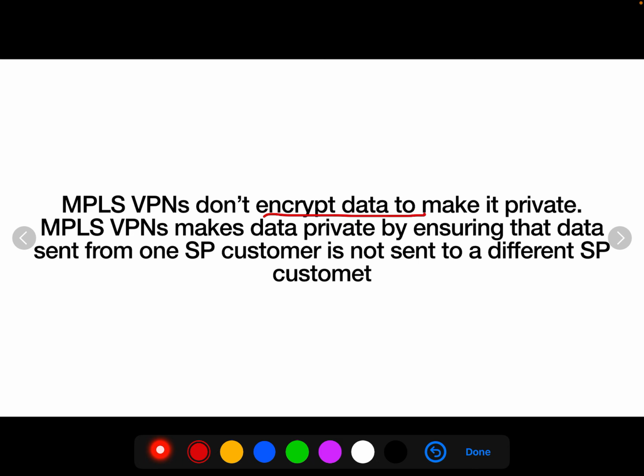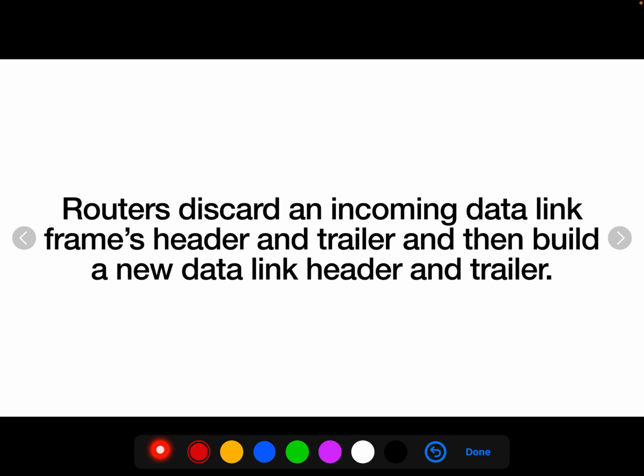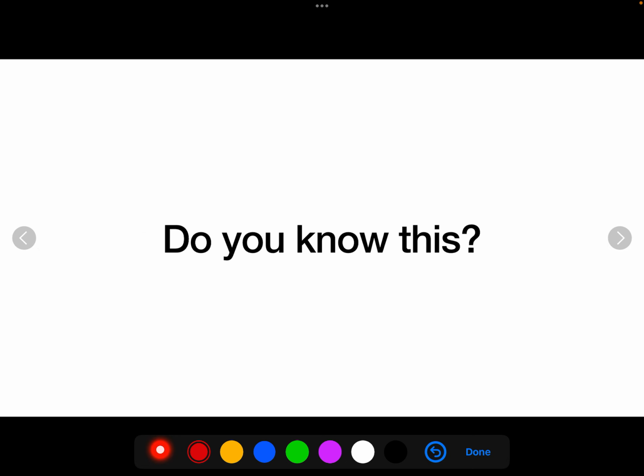MPLS VPNs make our data private by ensuring that data sent from one service provider customer is not sent to a different one, by creating a private IP-based WAN and keeping the IP routes separate for each customer. We don't send packets destined for Glasgow to Newcastle or London.